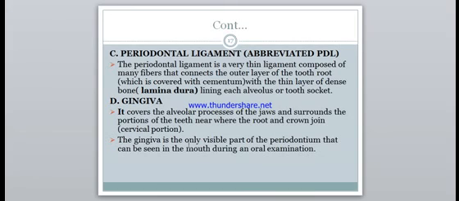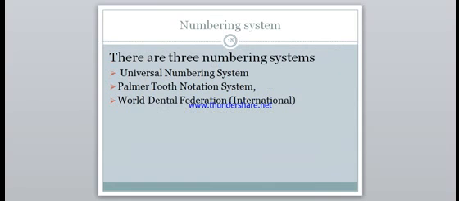The gingiva is the only visible part of the periodontium that can be seen in the mouth during oral examination. The periodontium has different structures, including the ligament and inner structures, and the gingiva is the part of the periodontium which is visible in the mouth. We also call it the gum, gingiva or gum.